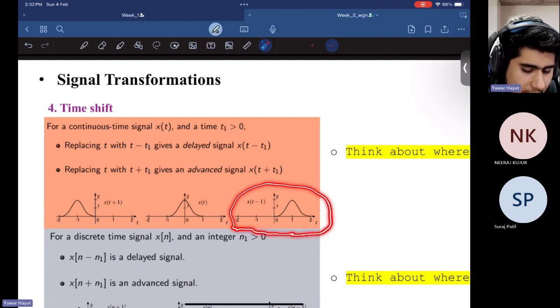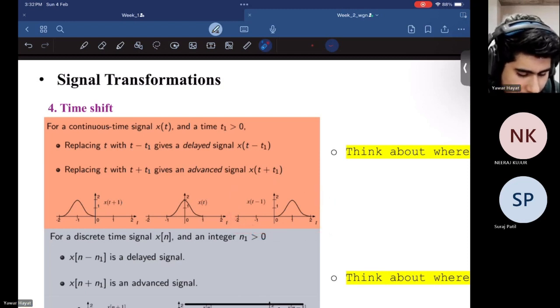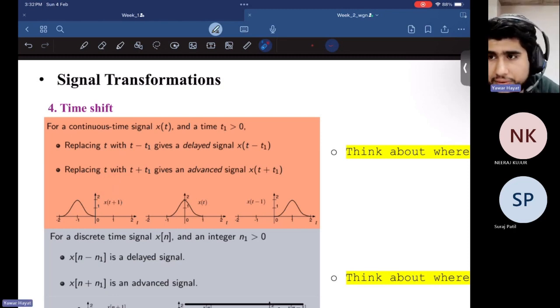Is this part clear, why this is a delayed signal? I mean, we are replacing t by t minus t1. So should it have occurred on the left, or is it right what I've shown?